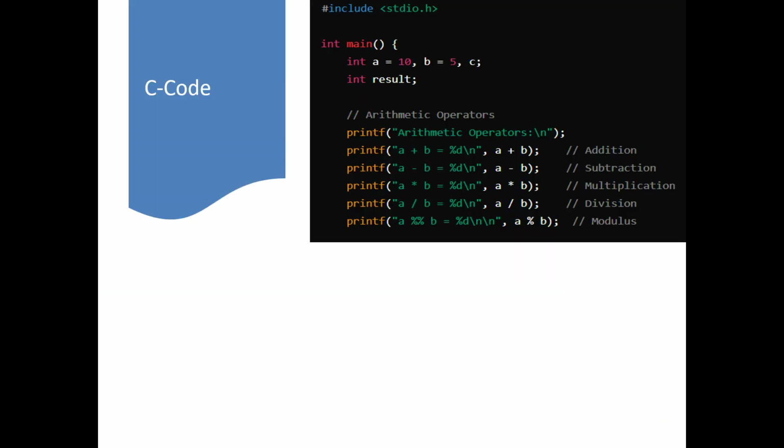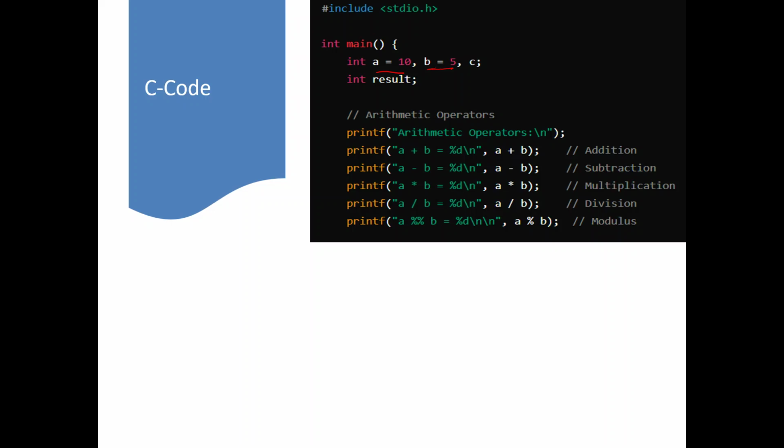So this is the code. First we start with the preprocessor directive stdio.h. Then we have taken a main function. Then we have taken three integer variables. Out of these three integer variables, we have initialized two variables, a equals to 10, b equals to 5, right? And another integer variable is called result, right?